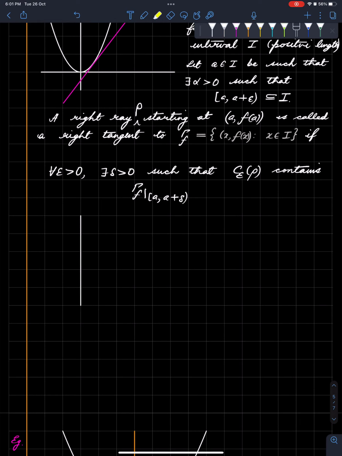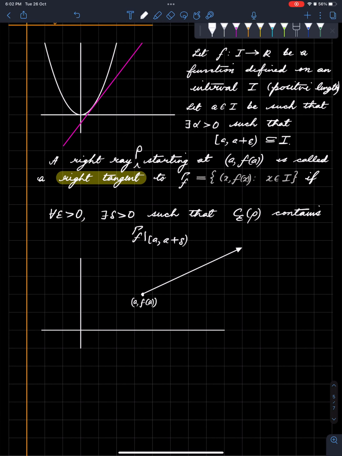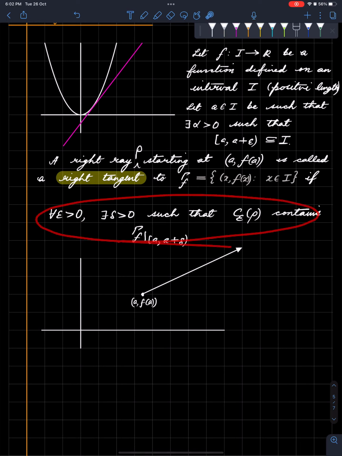Let me highlight. We are trying to define a right tangent. Okay, so let's say this is my point (a, f(a)), and I have some right ray starting at this point, and I haven't drawn the graph of the function. We'll get to that. And now what is this saying? He's saying, suppose you fix an epsilon greater than 0 and you take this epsilon cone.